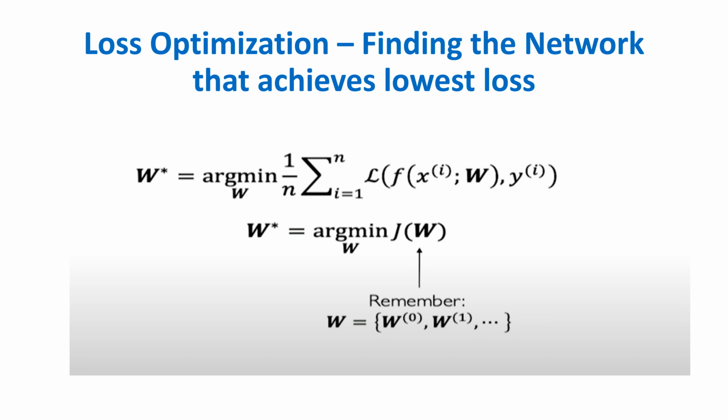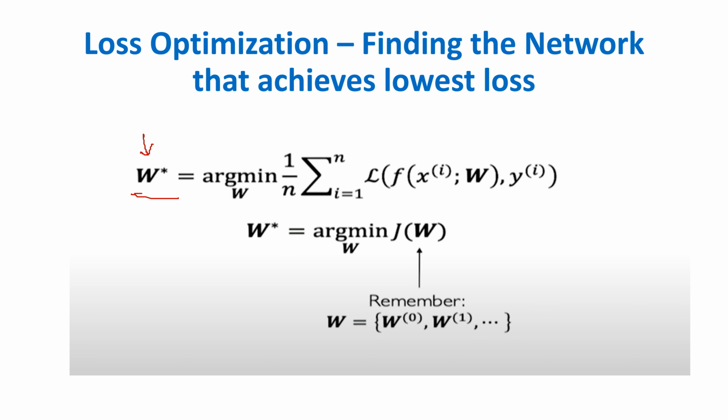What we actually need to do is optimize this loss. Once we face a loss, we need to optimize it. How do we optimize it? The only control we have is W. W is the set of weights that we have for our network.